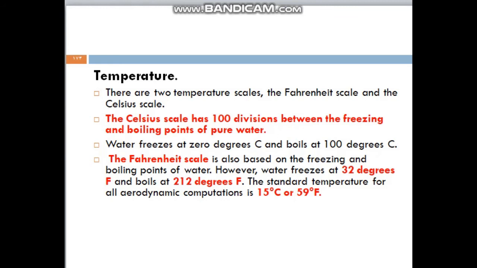Water freezes at 0 degrees Celsius and boils at 100 degrees Celsius. The Fahrenheit scale is also based on the freezing and boiling points of water. However, water freezes at 32 degrees Fahrenheit and boils at 212 degrees Fahrenheit. The standard temperature for all aerodynamic computations is 15 Celsius or 59 Fahrenheit.